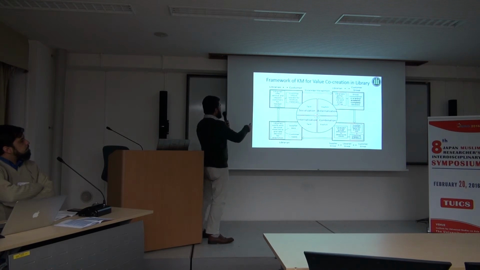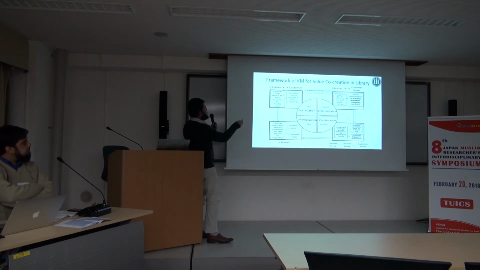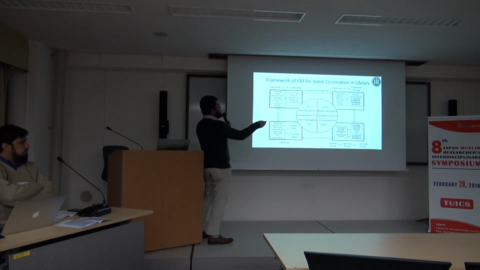Just in short, here is the individual level interaction between librarian and customer. The librarian wants to know from the customer what materials they need. And here is the group level interaction.